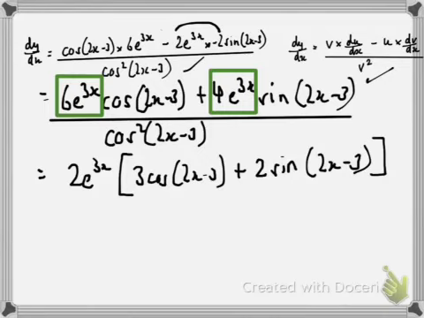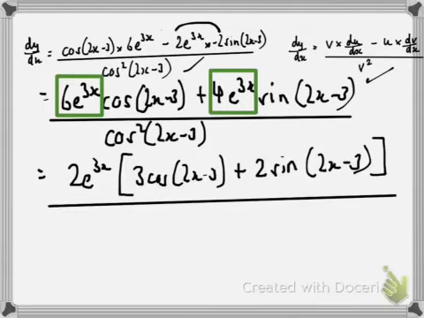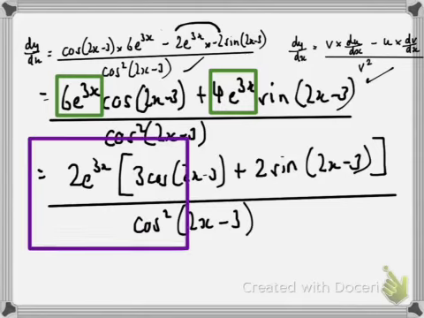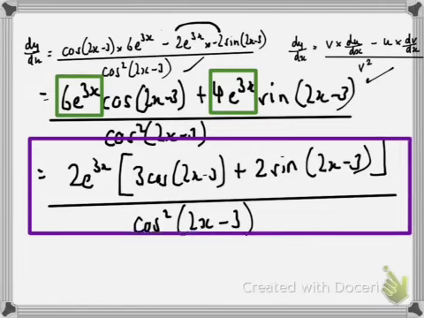And that's over cos squared 2x minus 3. That's it. We can't go any further with that. There's nothing that can be cancelled or factorised any further. So that expression here is our answer.